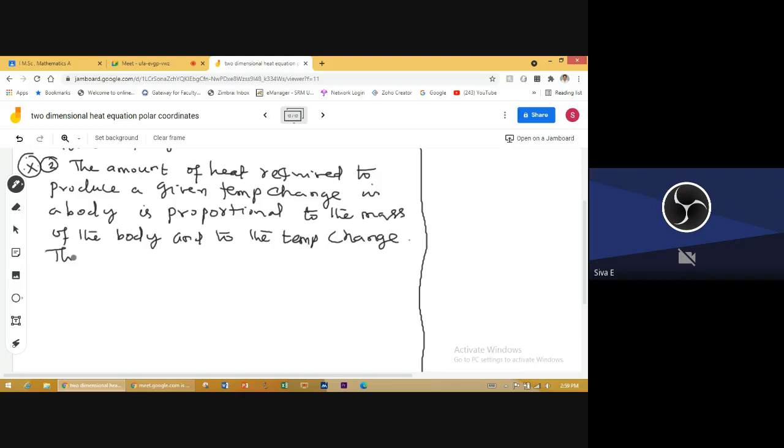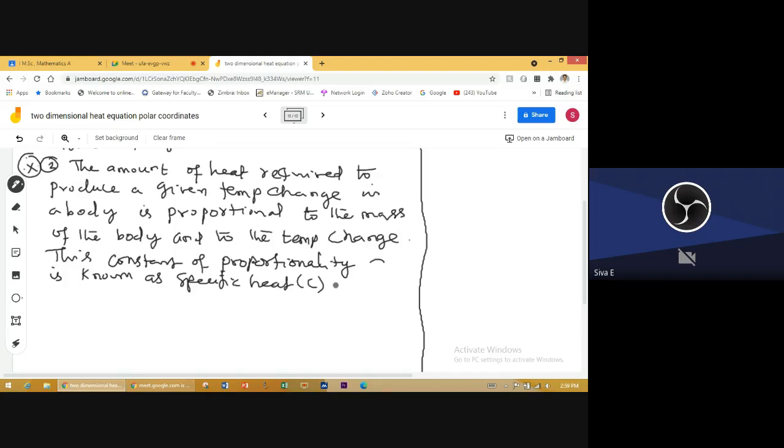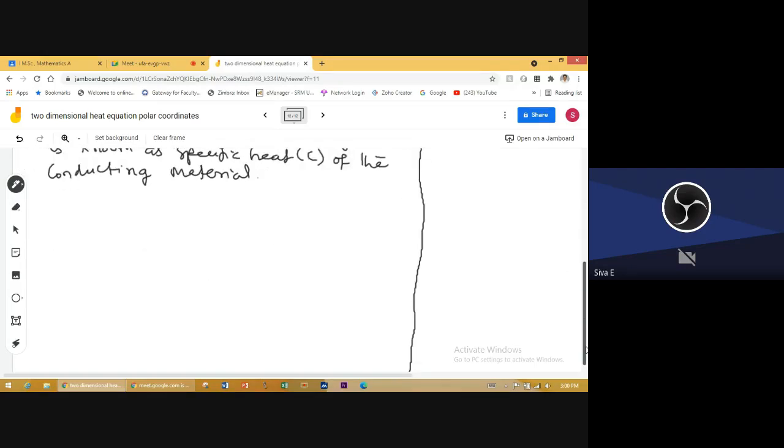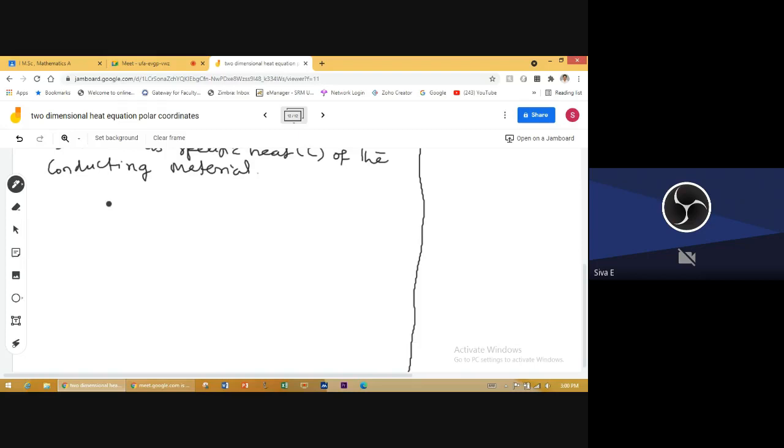This constant of proportionality is known as specific heat, denoted by C, of the conducting material. Okay, it is the second point.